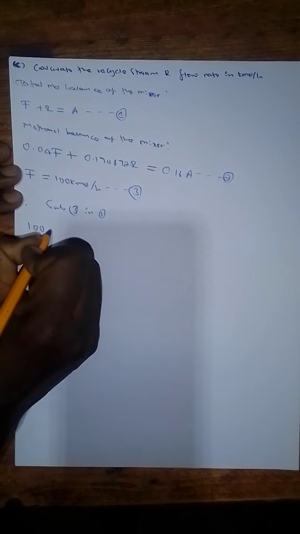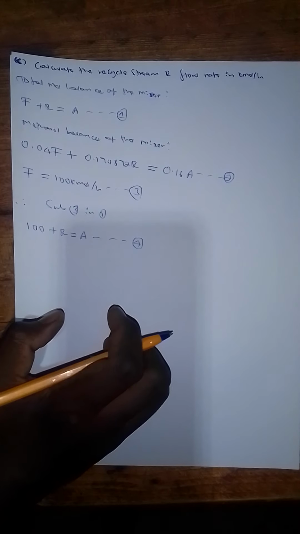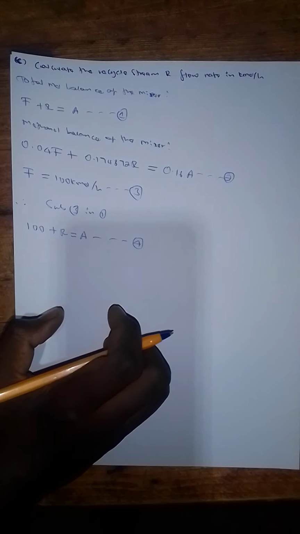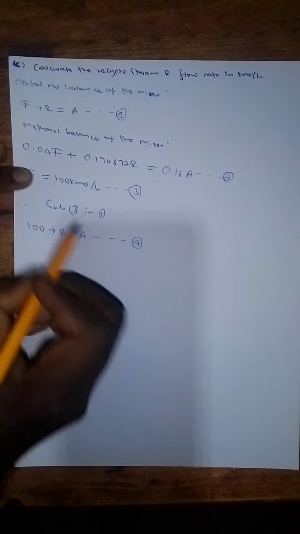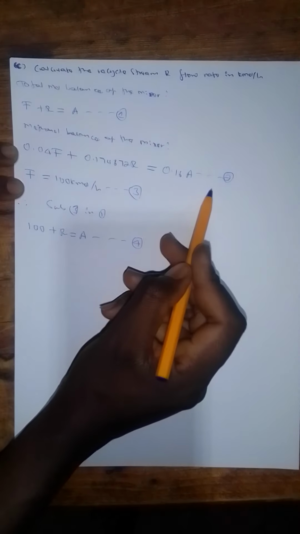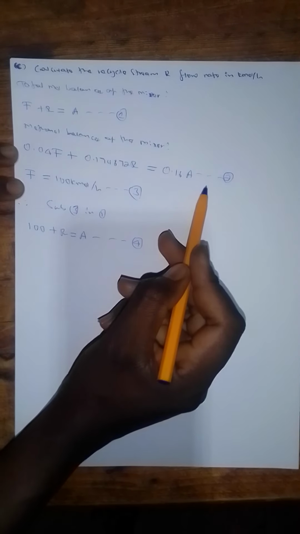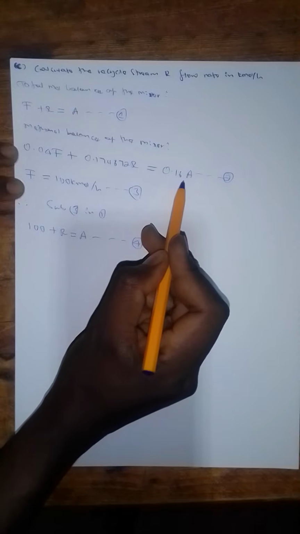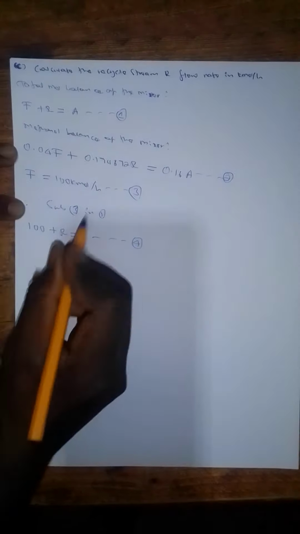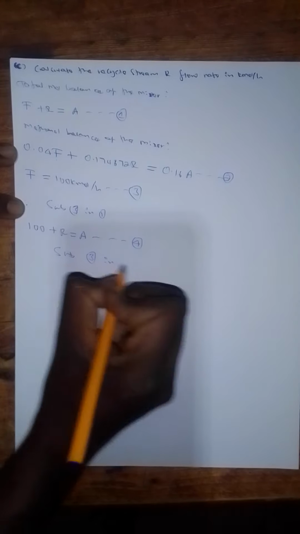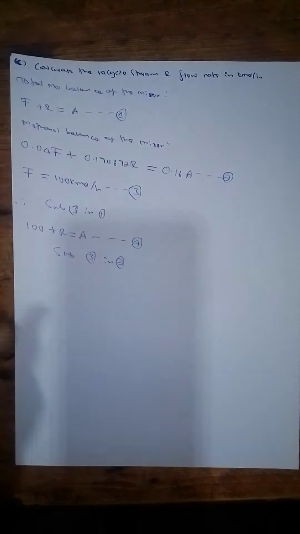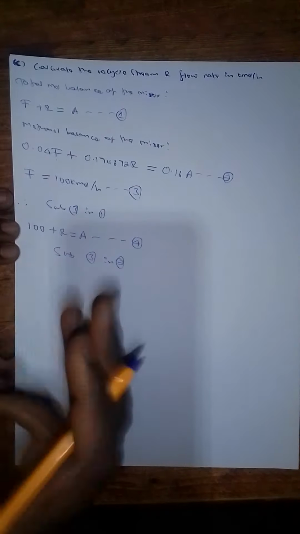Now, in the second equation there's also F, so we substitute 3 in 2. I'm simplifying the equations so that I'm eventually left with two equations and two unknowns.